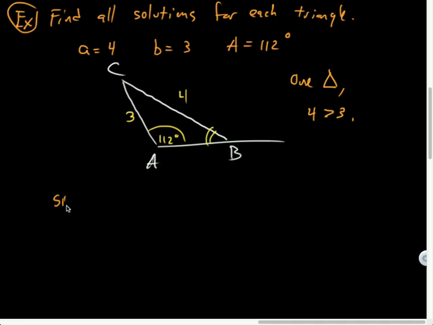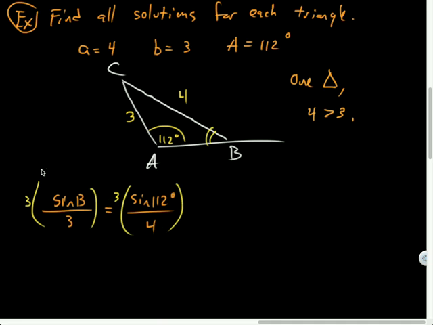So I would say sine of B over 3 is equal to sine of 112, which I know is positive because sine is positive in the second quadrant, over 4. And then I'd multiply both sides by 3. And I'd get sine of B is equal to 3/4 times the sine of 112.